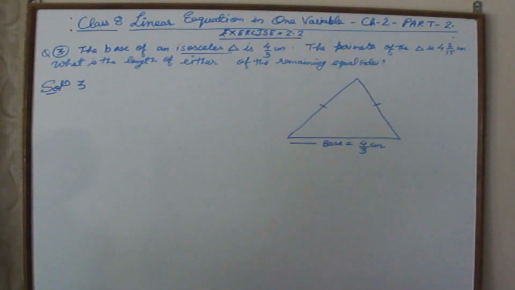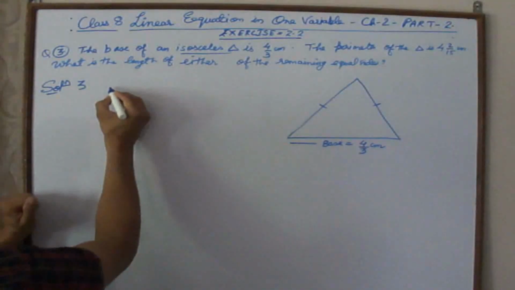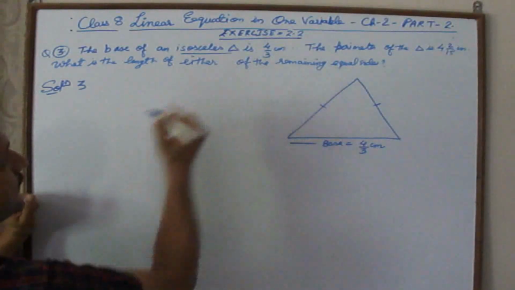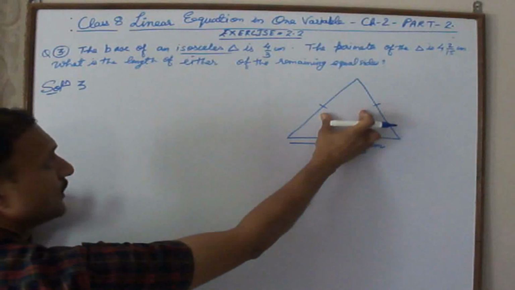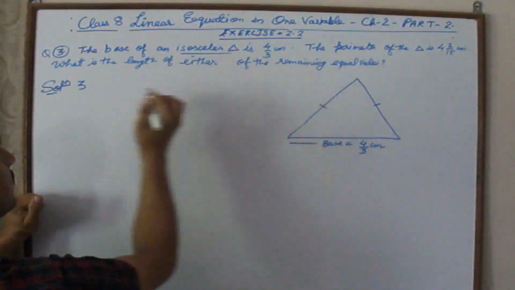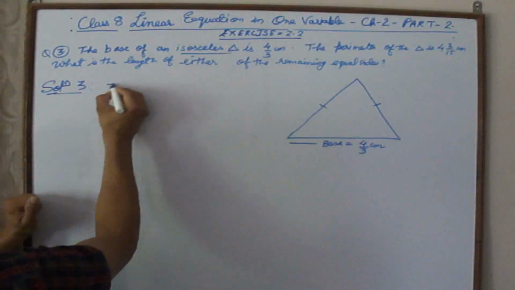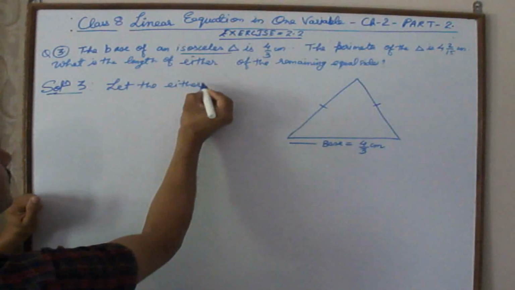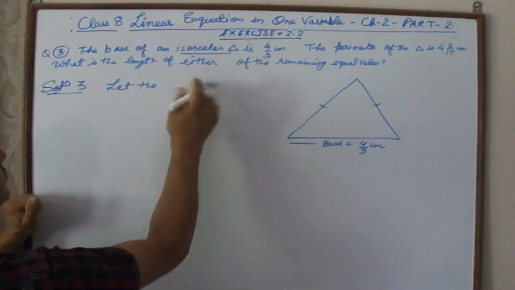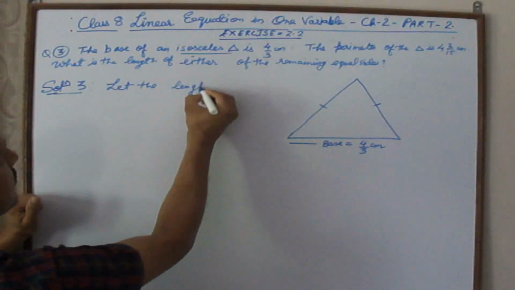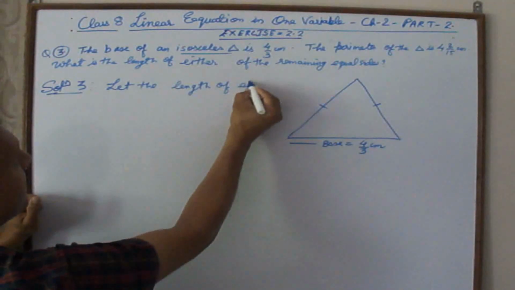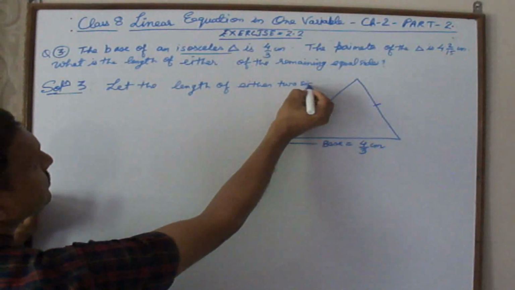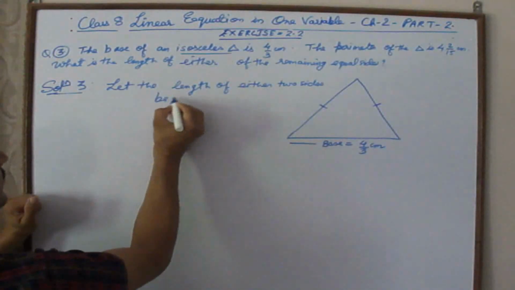Perimeter of the triangle is 4 2 by 15 centimeter. Perimeter is given to us. What is the length of either of the remaining equal sides? So these two sides are equal. Let the length of either of the two sides be x.